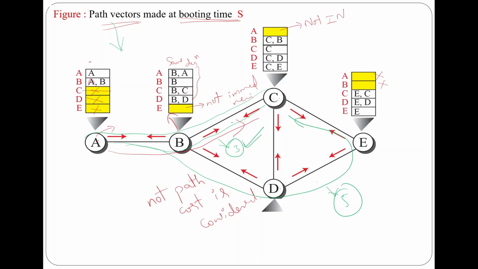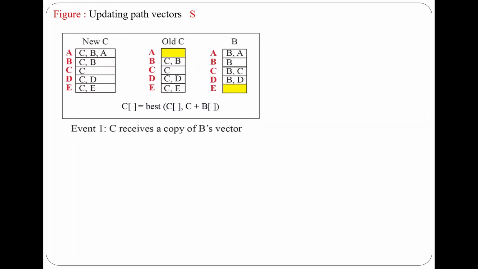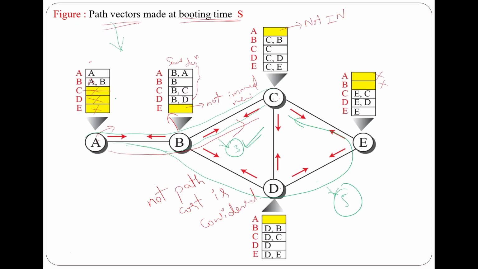Here we are not focusing on cost. We are focusing on the number of nodes. Here also, every time the path vector table will get updated.